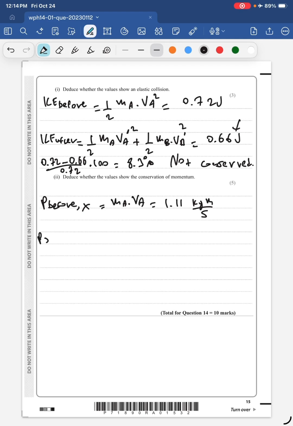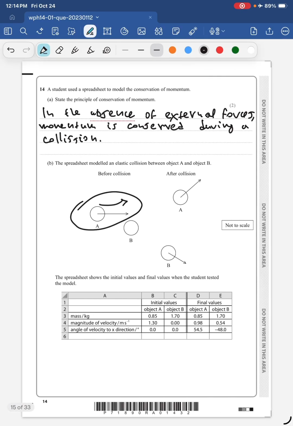The momentum after the collision in the x direction is now, we will need ma va times the cosine of this angle, which is given, the angle of velocity to the x direction.